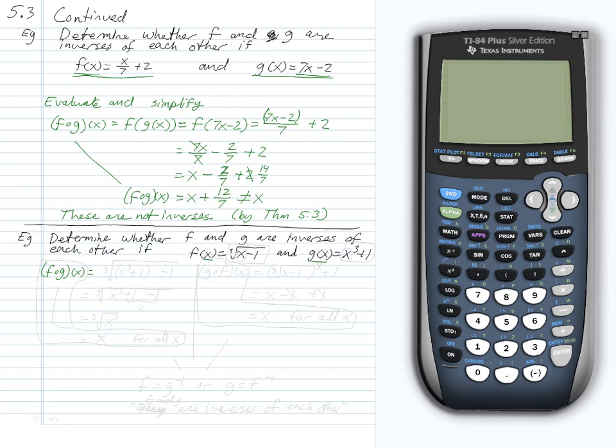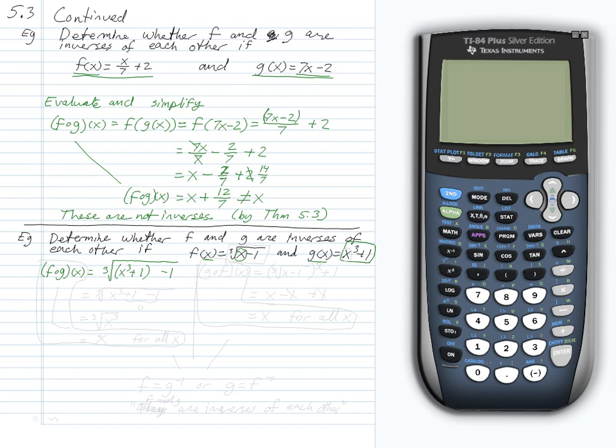We're going to plug all of g, x cubed plus 1, into f. In other words, we're going to replace x with x cubed plus 1. So the outer structure will be the cube root, and we'll subtract 1. The inner structure, x cubed plus 1.